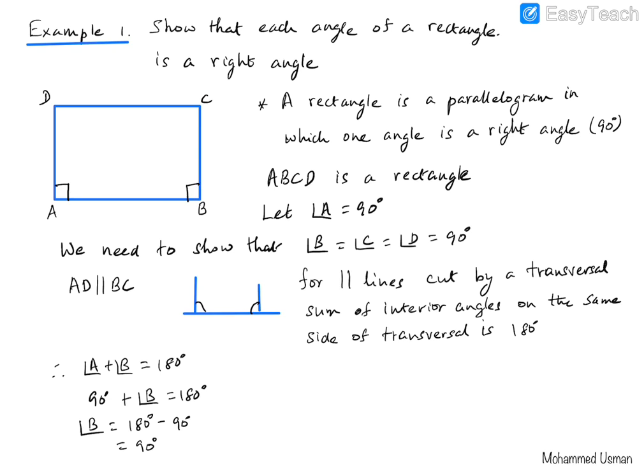Once we have proved that angle B is 90 degrees, we can find angles C and D directly from the property of the parallelogram, that in a parallelogram the opposite angles are equal. So we can say that angle C equals angle A, and angle D equals angle B, and these are all equal to 90 degrees.